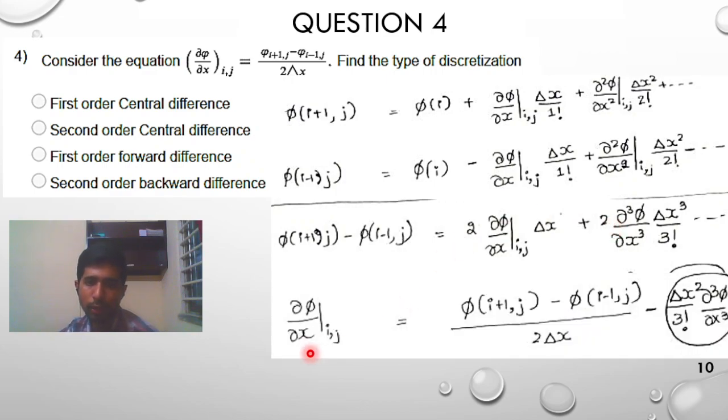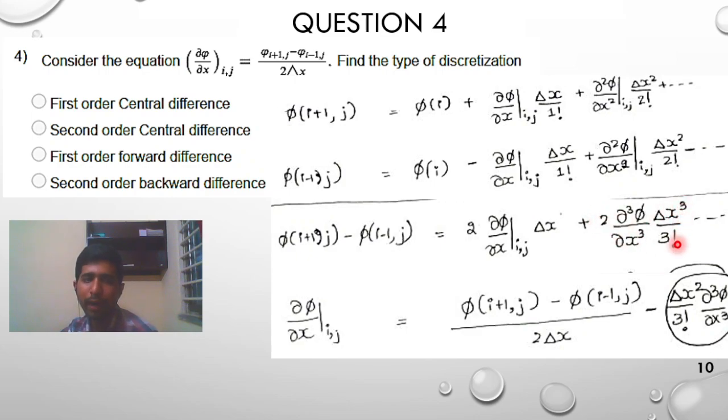Now for dou phi by dou x, you put this term on the LHS and bring the other to the RHS. So what you will get is phi of I plus 1 minus phi of I minus 1 divided by 2 into delta x. Now you are dividing by 2 into delta x everywhere, so the 2 will get cancelled here.